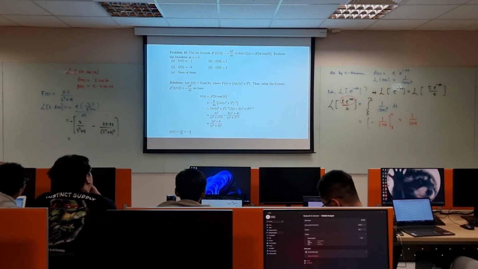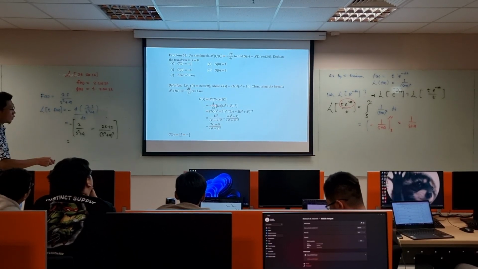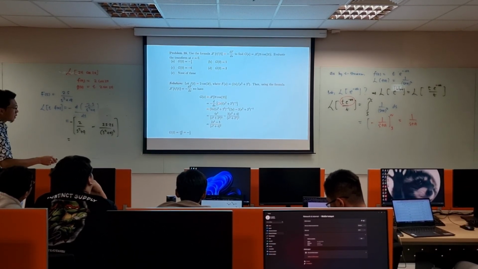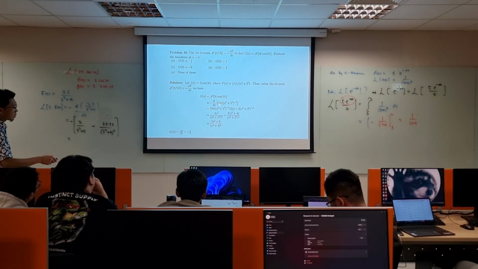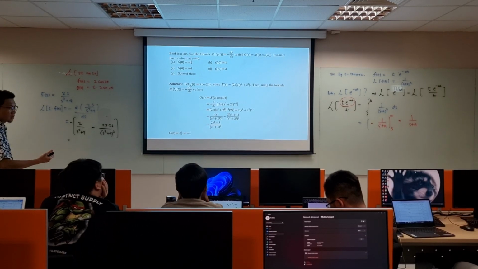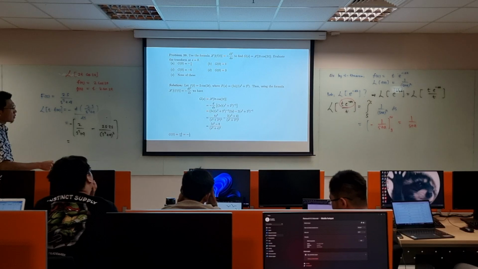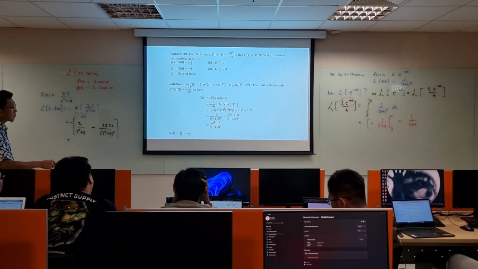So it's 4s squared. The 2s here on the front is the constant, and this whole thing here is the result of differentiation. How do we get the 2s? It's from the 2s here.